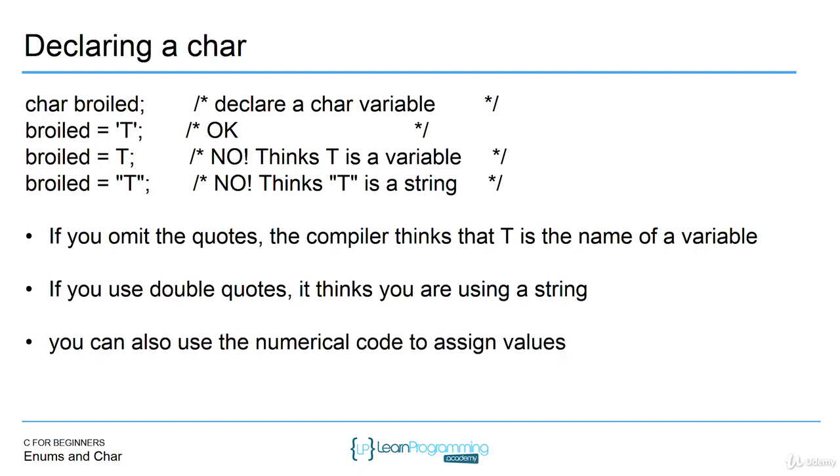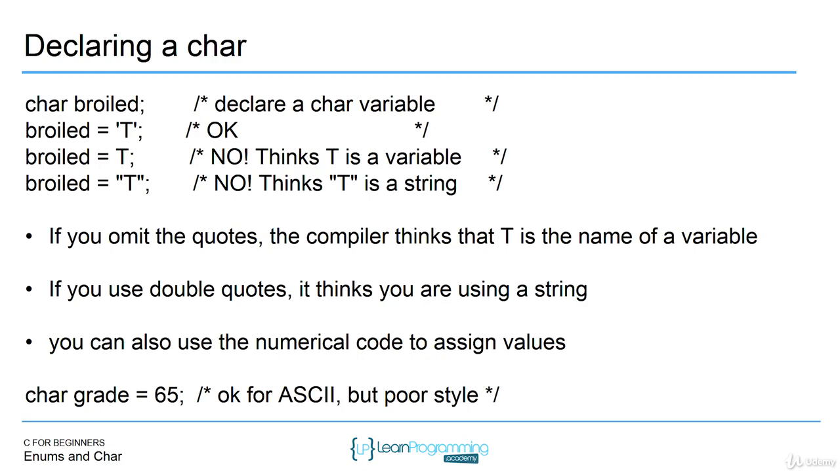You can also use numerical codes to assign values for characters, and it will just use the ASCII table. So the ASCII table is how characters are represented as numbers in the computer. There's this whole table, and basically if you assign a number to a character type, it's going to think you're assigning an ASCII value.